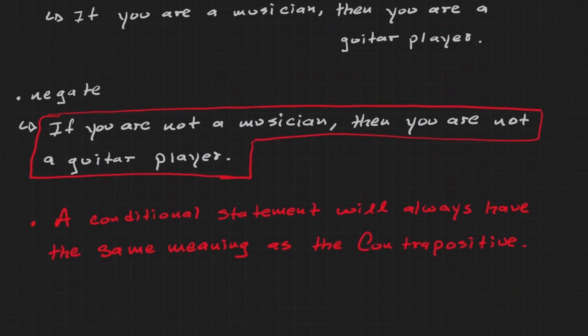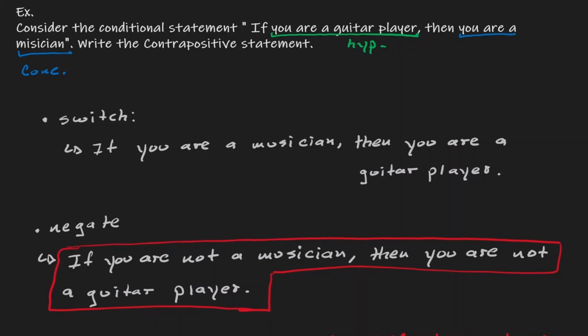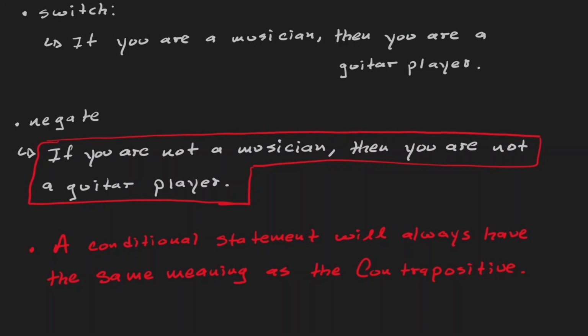If we take a look at these two statements, if you are a guitar player, then you are a musician, it definitely does not look like if you are not a musician, then you are not a guitar player. But in terms of logic, we can claim that they have the same meaning. So this is very important. A conditional statement will always have the same meaning as the contrapositive.